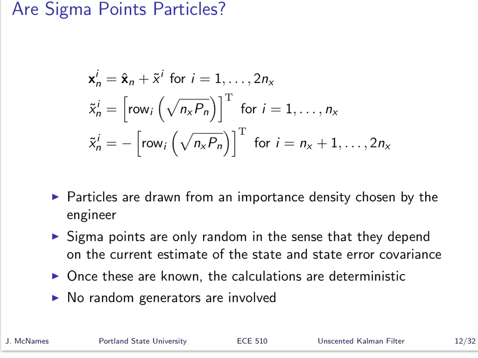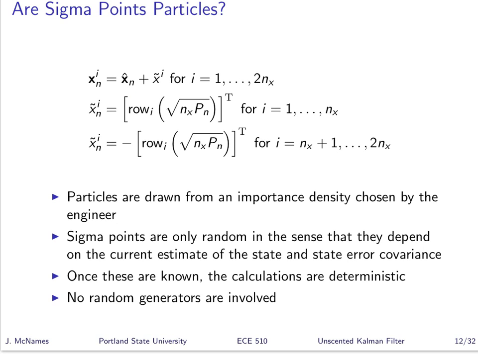As soon as you've got an estimate of your state, and an estimate of your state covariance, which isn't calculated exactly in this framework, unlike the Kalman filter, then the process for calculating your sigma points is deterministic. You're taking the square root of a matrix and then adding the positive and negative versions of the rows to the estimate of your state to generate these sigma points.